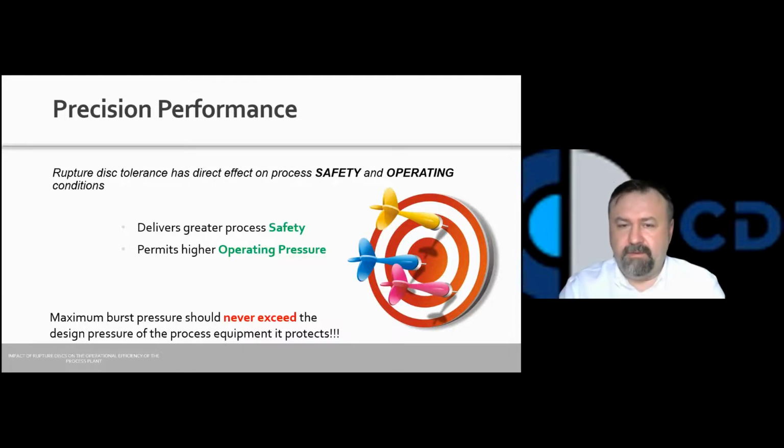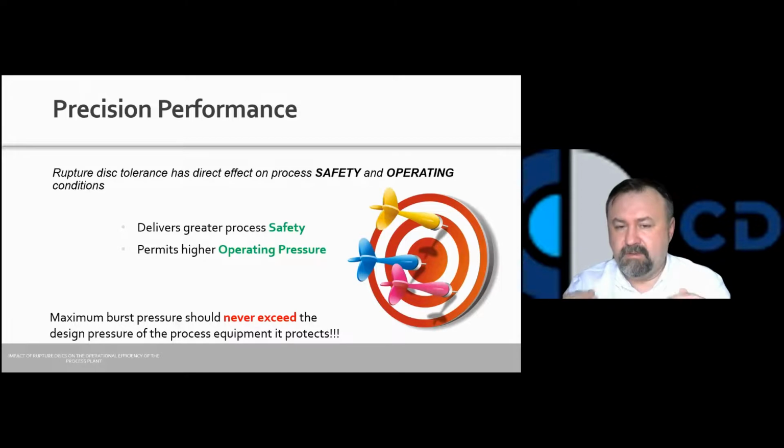If you look at the two previous things, the robustness of the design and the very tight tolerance, a very high maximum allowable working pressure ratio, and the actual tight performance, the plus minus 5% tolerance in the burst pressure, which is fairly tight, and there are actually very few processes that require tighter than this.